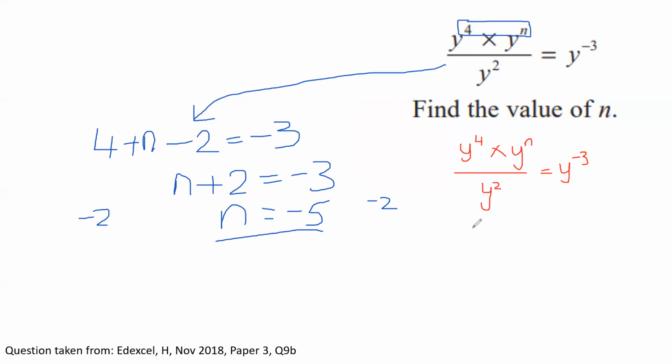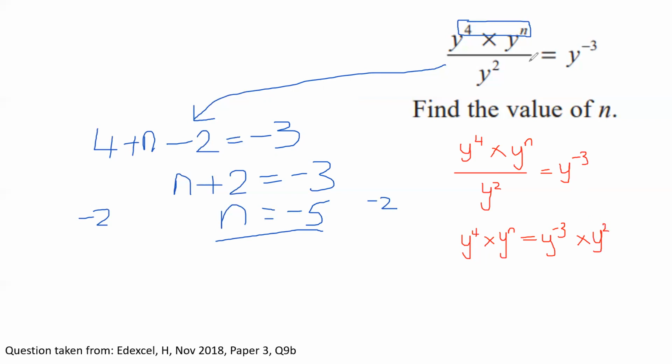If we do this as though it's a normal algebra equation, we've got y squared on the bottom here. So if we multiply both sides by y squared, we'll end up with y to the power of 4 times y to the power of n equals y to the power of minus 3 times y to the power of 2.